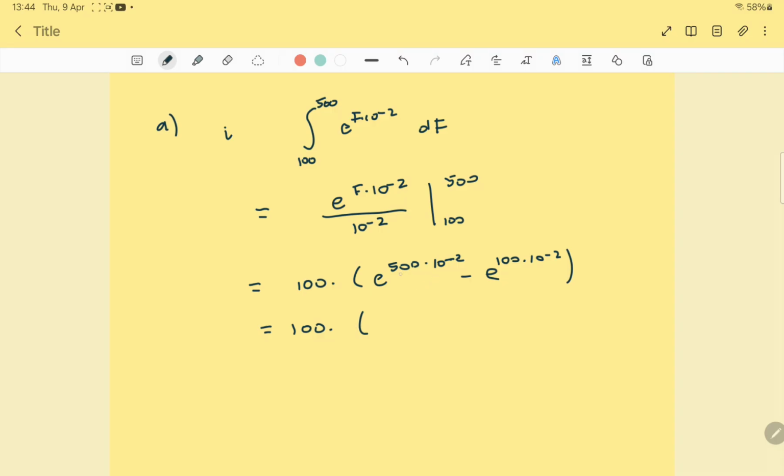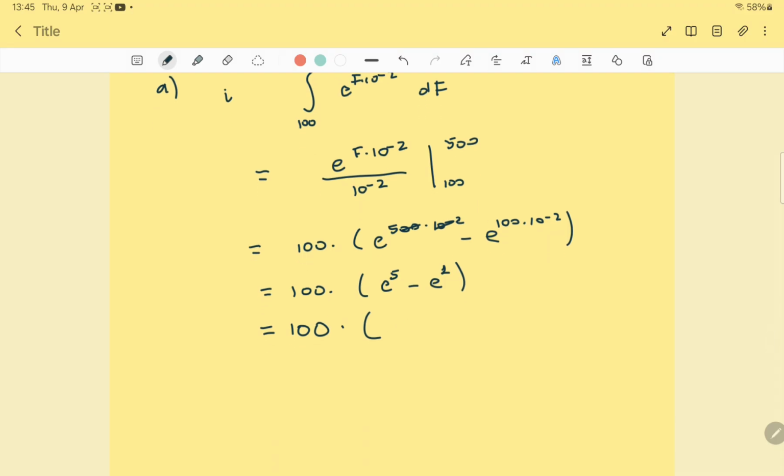So that's going to be e to the power of 5 minus e to the power of 1. I'm not doing anything special. I have this definite integral. I find the function, then I have to evaluate the function at the top value minus the evaluation of the function at the bottom value.